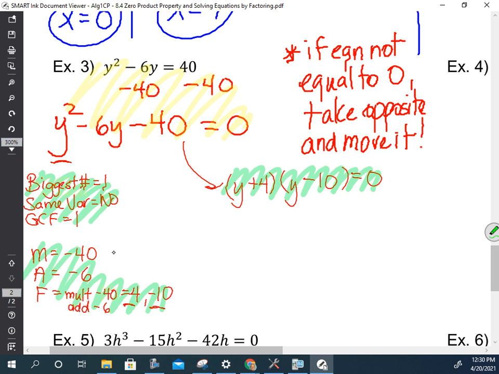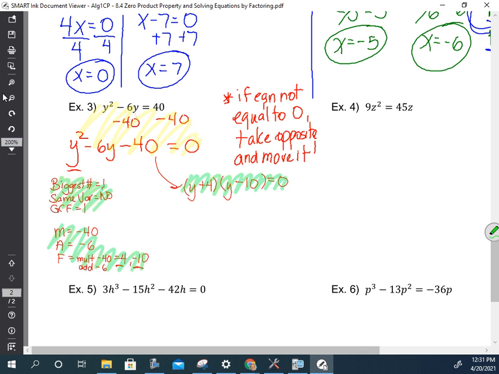The problem is just about done. Now comes the easy part. Now you can split the problem up. Y plus 4 equals 0.